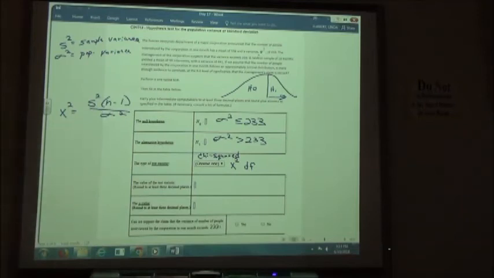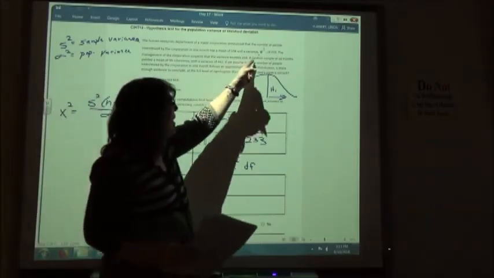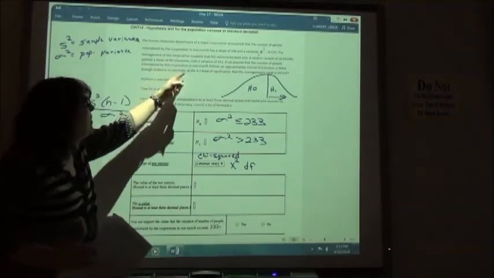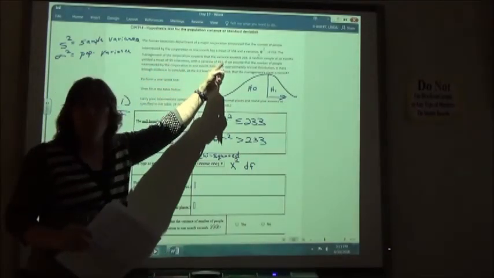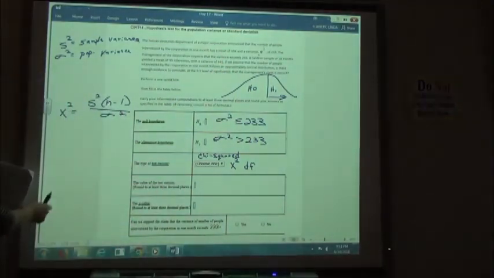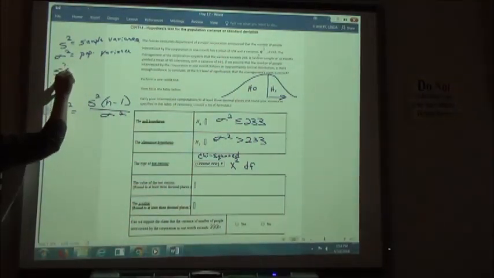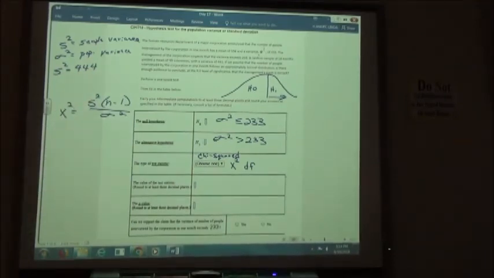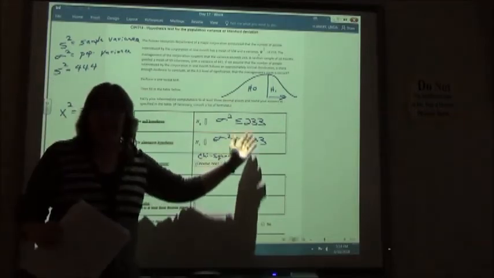So in there it tells me my sample variance. I have a random sample of 18 months, yielded a mean of 99 with a variance of 441. That's the sample, right? So my sample variance, my S squared, is 441. The population variance is going to be the one that they gave you.